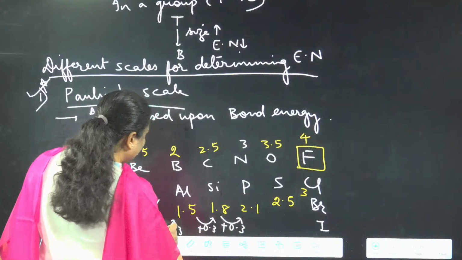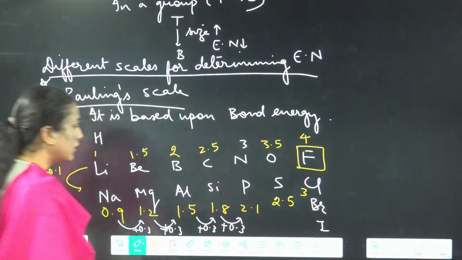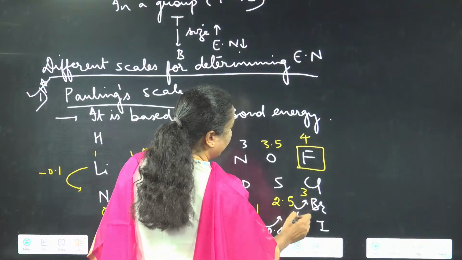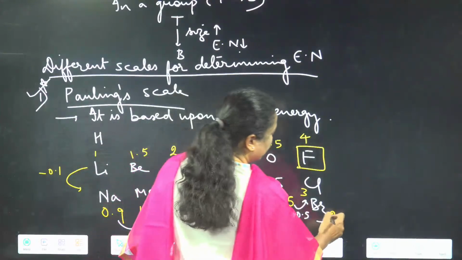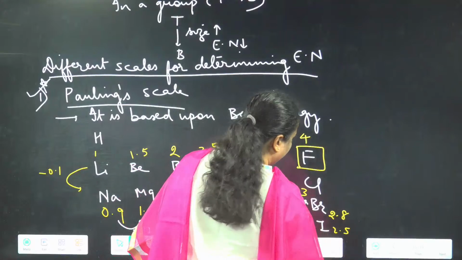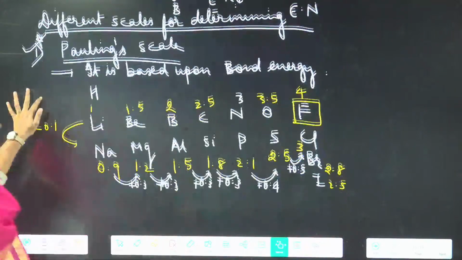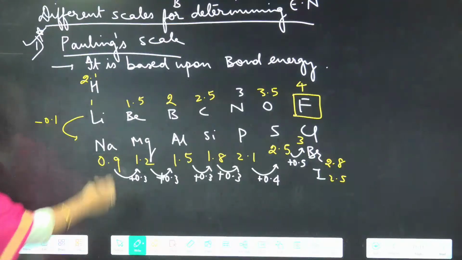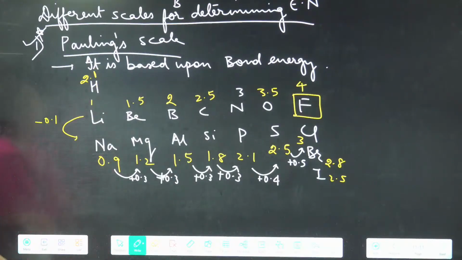So you have to add 0.3 4 times, 1 time 0.4, and then 1 time 0.5. Now this is 2.8 and here it is 2.5. You must remember these values, and here you are having 2.1. Getting it? You must remember this value.